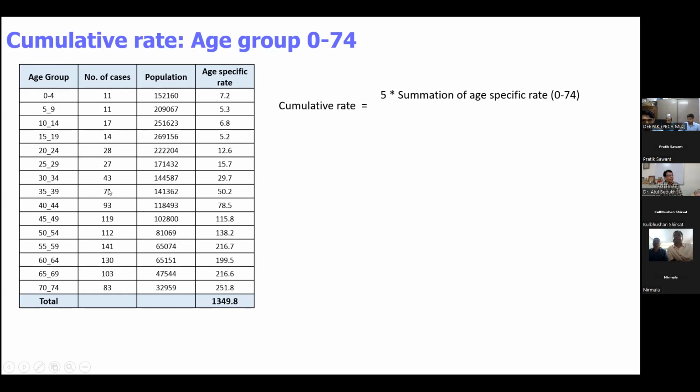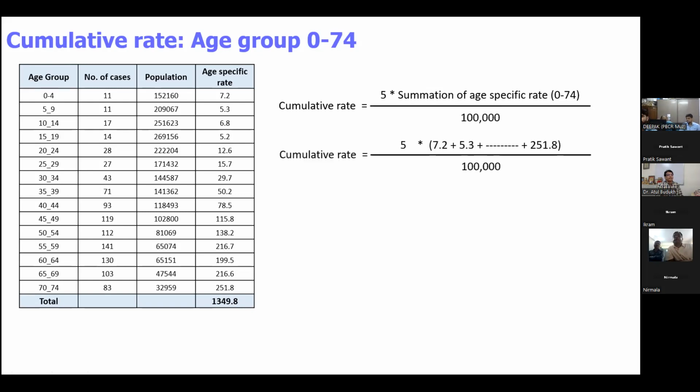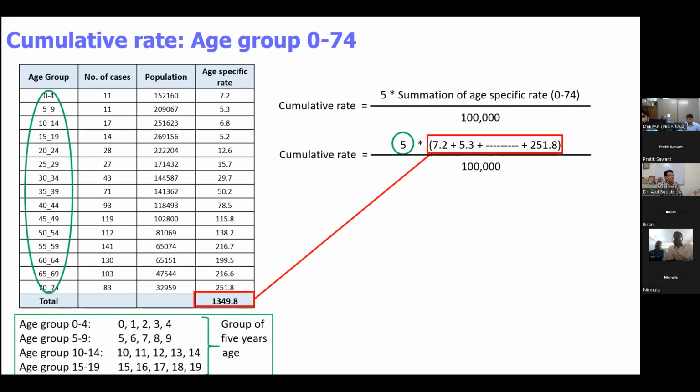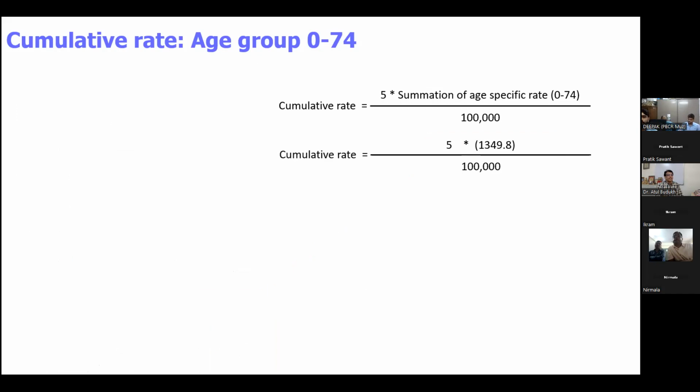Okay. Then Afghanistan team, can you tell me how this 50.2 has come? It has come from the number of cases divided by population. For example, 71 divided by 141,360. Perfect. You are right. So your age specific rates have to be combined, and the combined rate is 1349.8. It is a statistical formula, nothing to worry. So this is the cumulative rate: 5 into this.